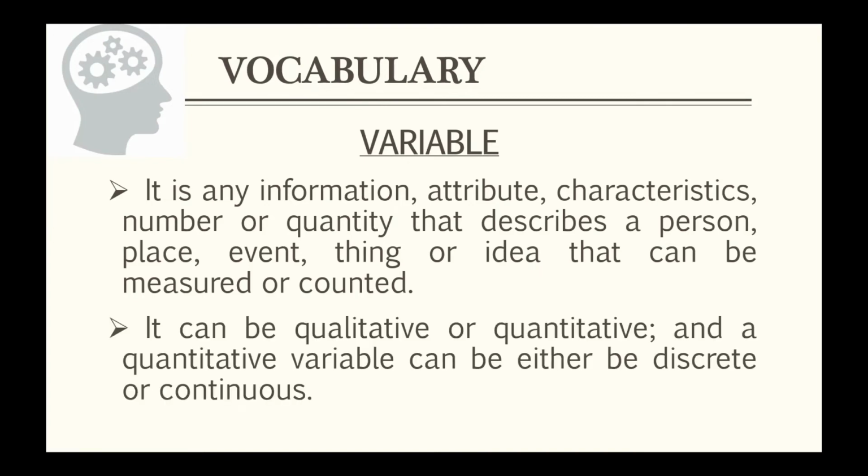Variable can be qualitative or quantitative. In my example, a person's hair color is a qualitative variable, and the number of students is an example of quantitative variable. A quantitative variable can be either discrete or continuous variable.